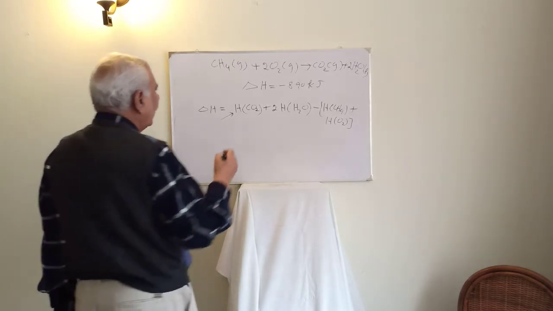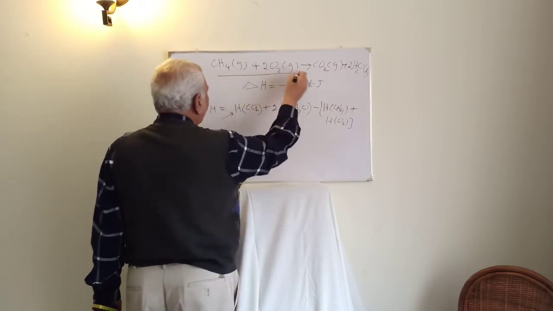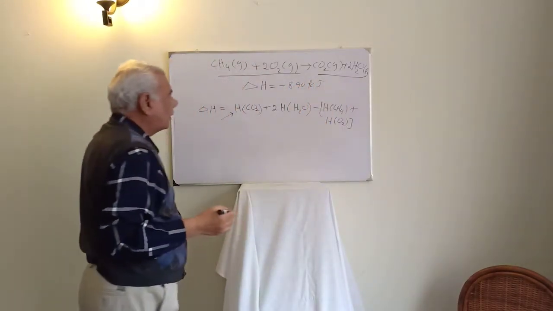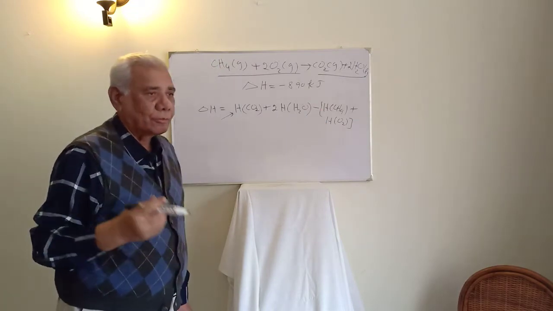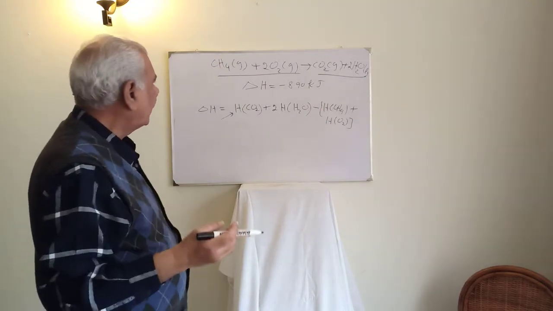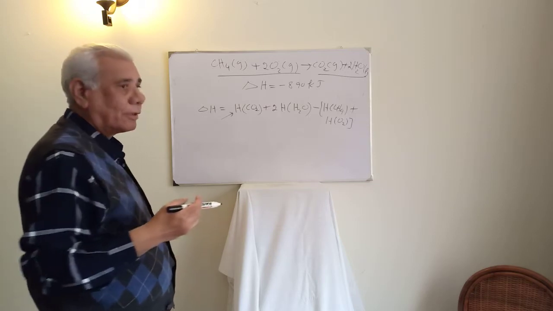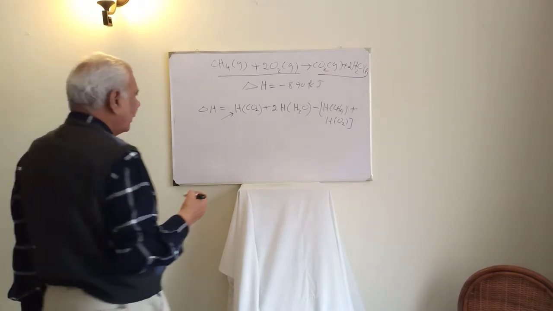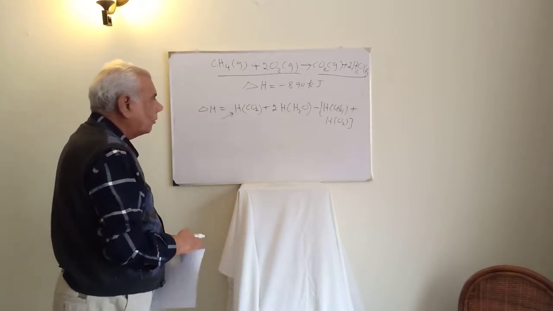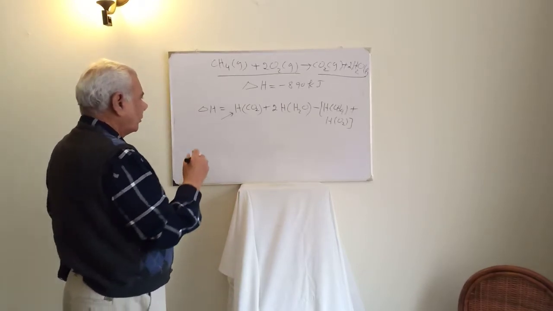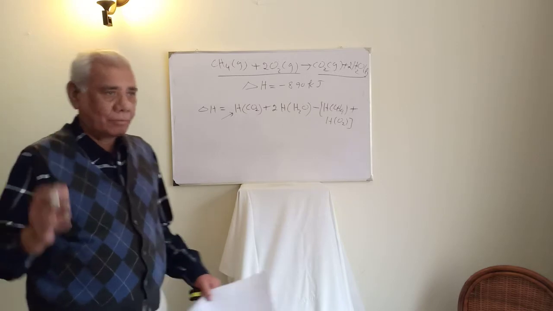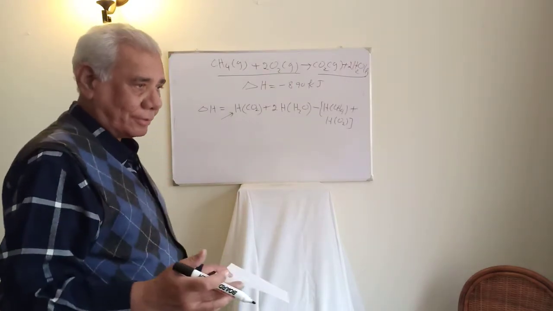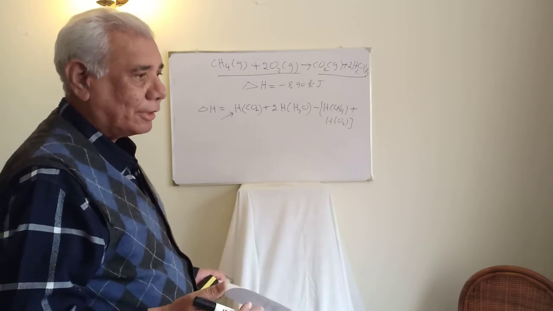Okay, so in a way, if you consider this is the initial state and this is the final state, you produce the products from the reaction between the reactants. Because we need to compare enthalpy change of different reactions, how can we do that?